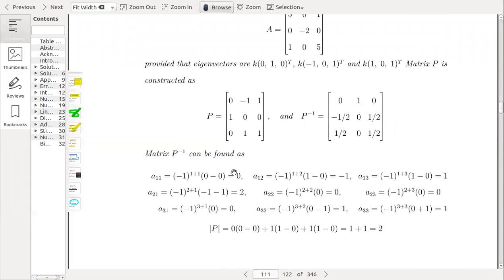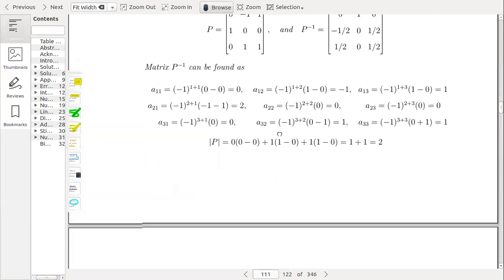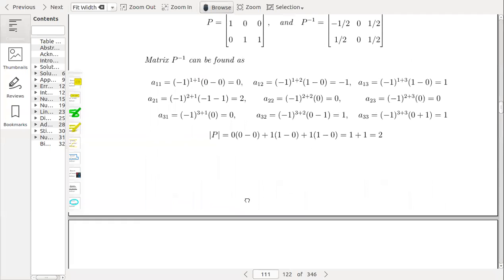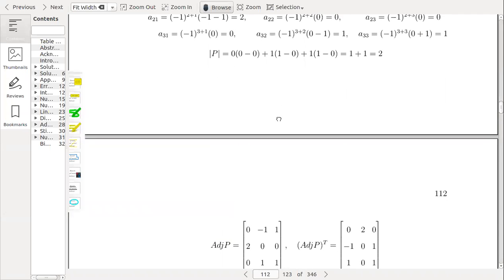Matrix P inverse can be found as follows. So how can you construct this P inverse? You can just take the matrix of cofactors, then take a transpose.